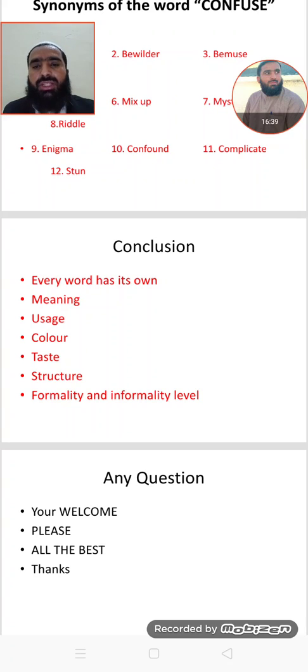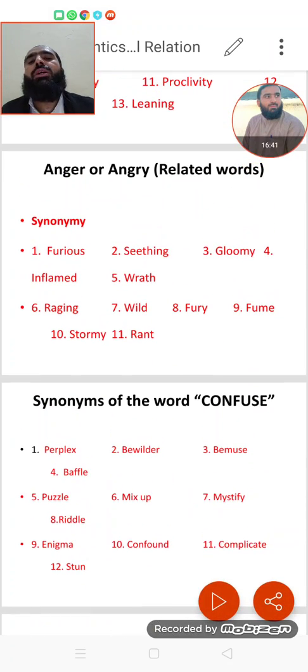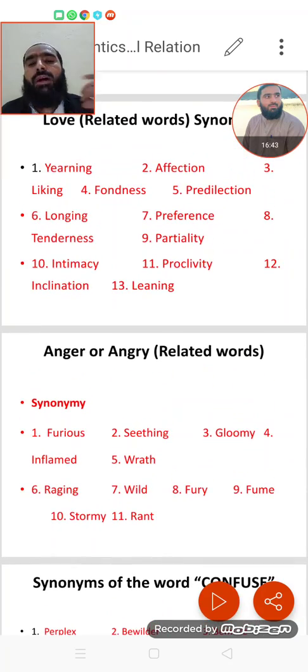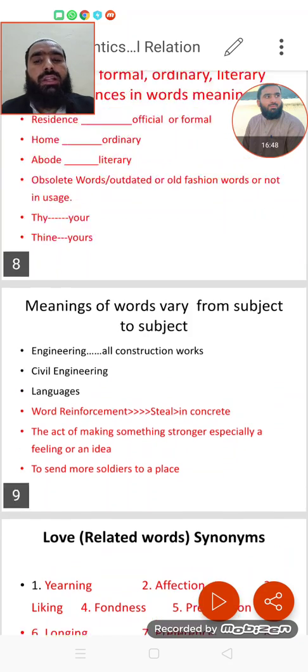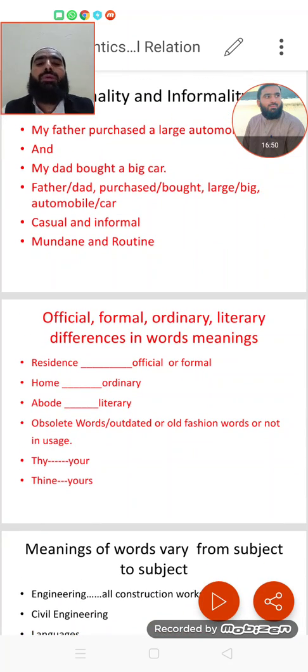Often we use one word instead of another, but it is not always suitable to use one instead of another. So it is your job to explore more and more, and you should remember these differences, these factors that are involved in word meanings.